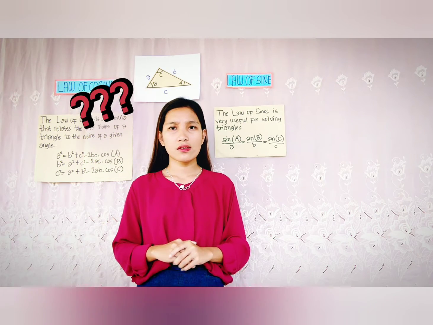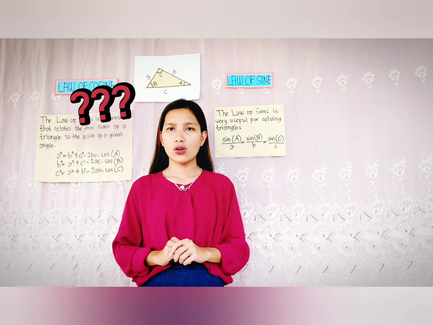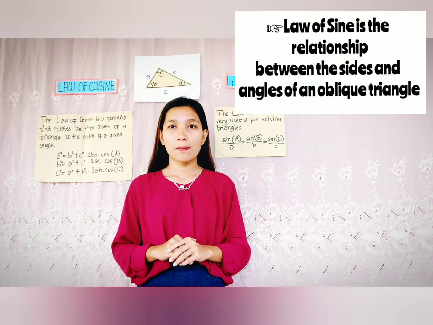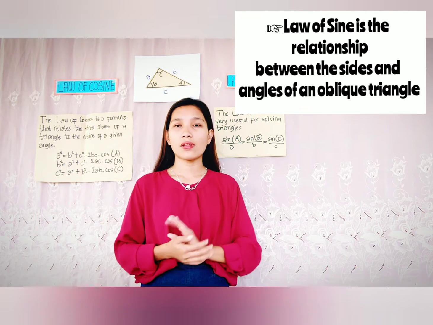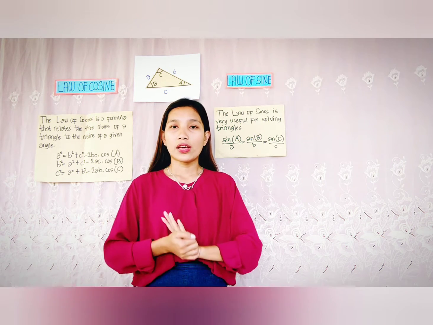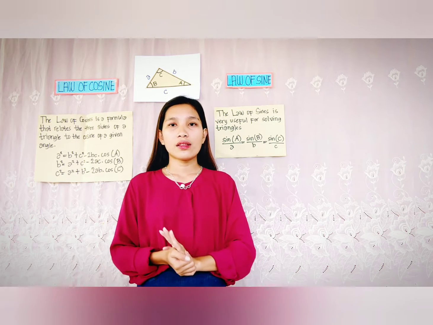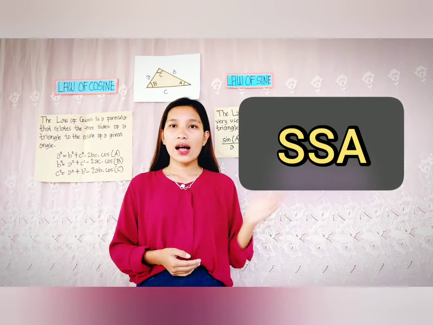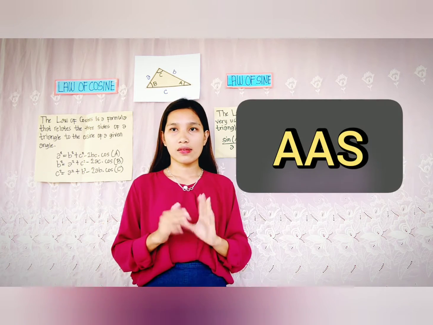Next, what is law of sine? When to use law of sine? Okay, law of sine is the relationship between the sides and angles of an oblique triangle. We can use the law of sine when the given are angle-side-angle, side-angle-angle, and angle-angle-side.